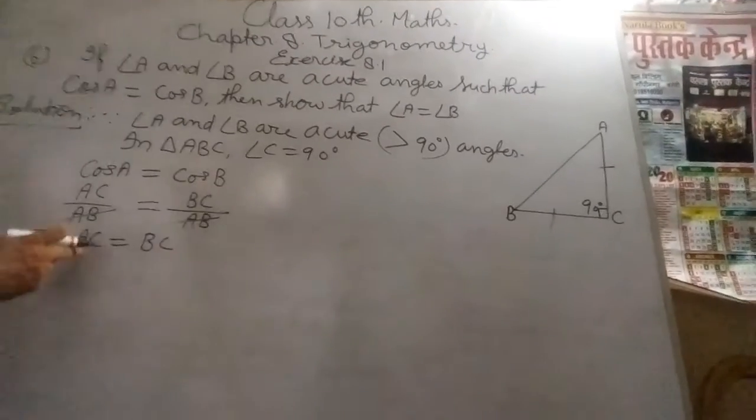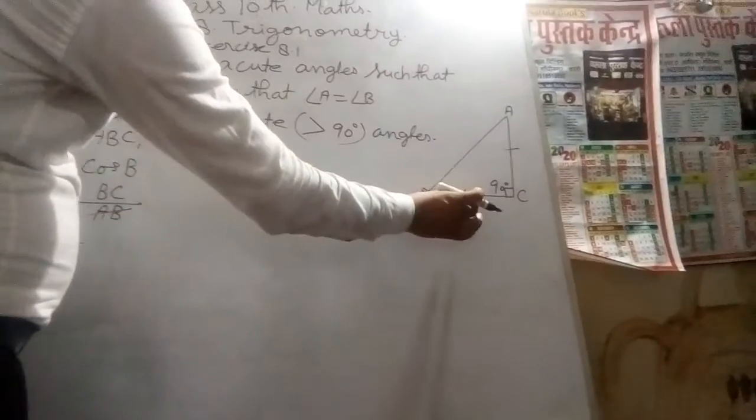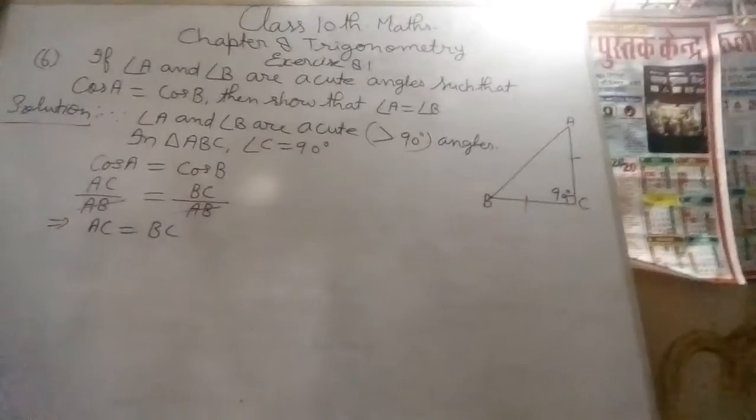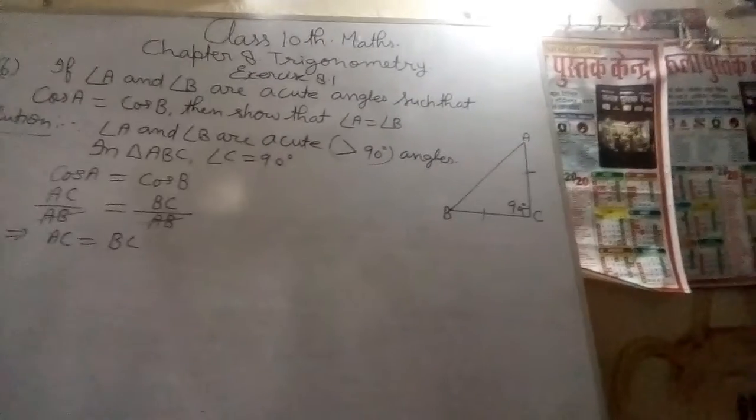Since AC equal to BC, then according to the isosceles property, if opposite sides are equal, then their corresponding opposite angles will also be equal.